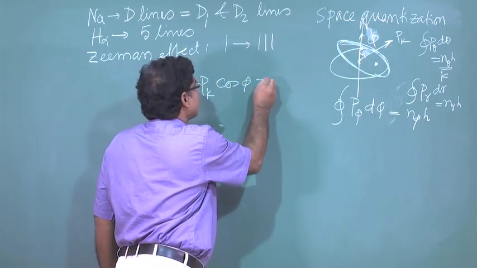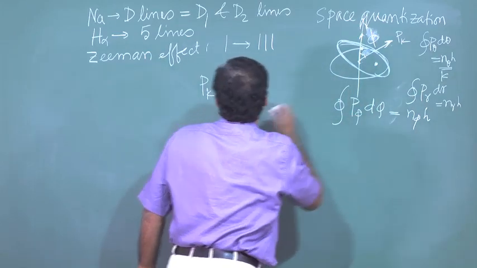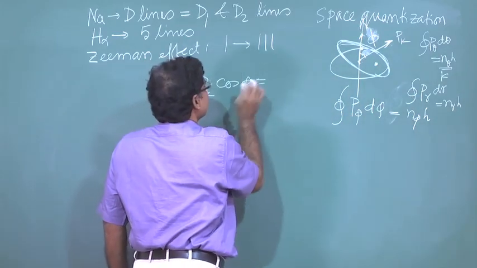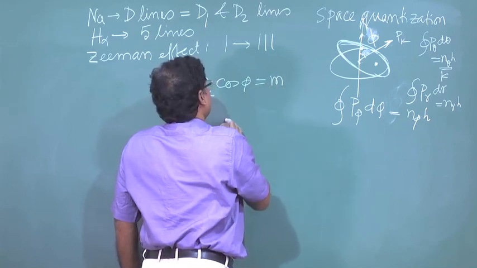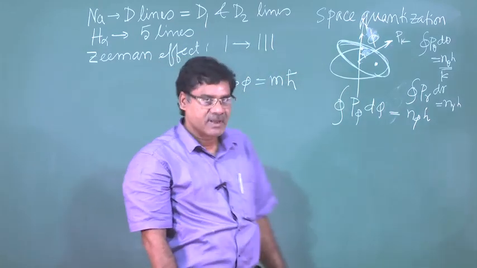Using the similarity, pk cos phi will be m h cross.